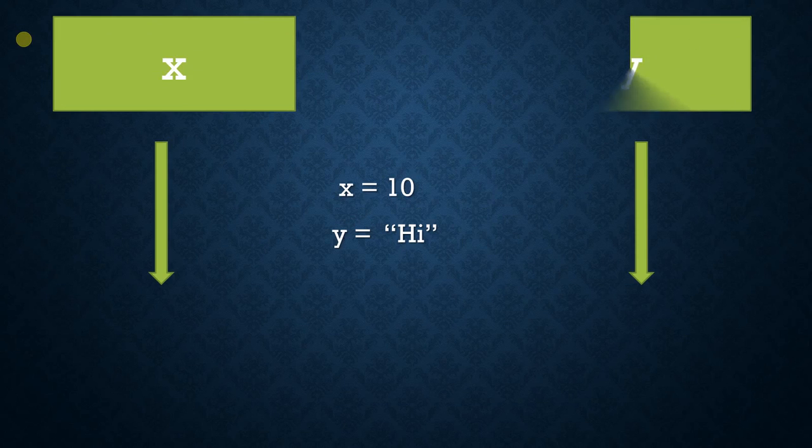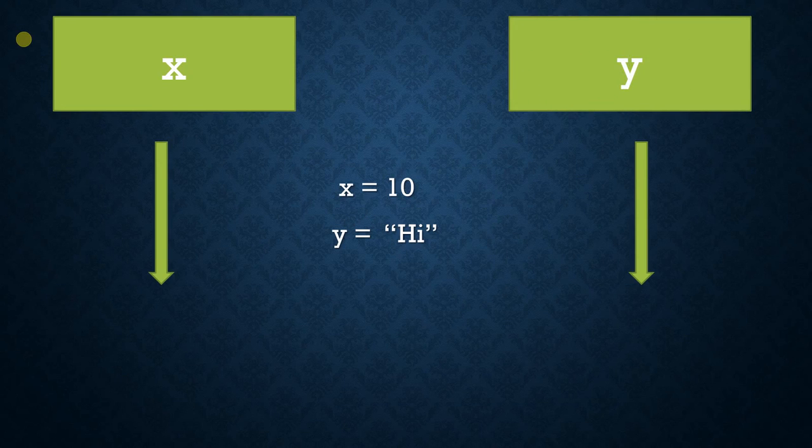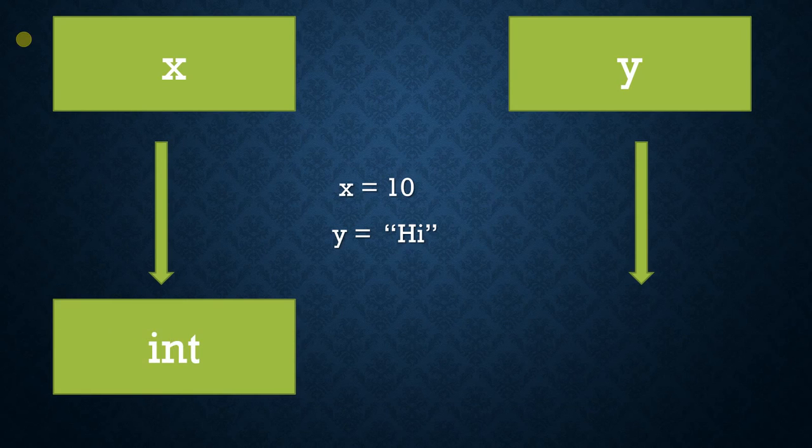Now X and Y are 2 variables, but these 2 variables are of different data types. Our X is an integer data type because it stores an integer. 10 is an integer. X stores the value of 10 in it. So X is an integer variable.